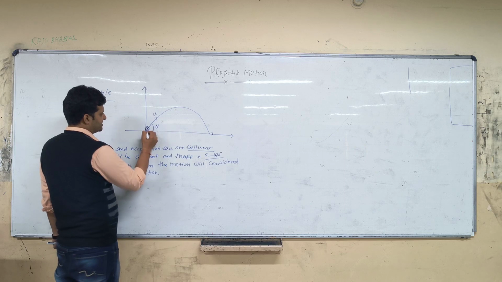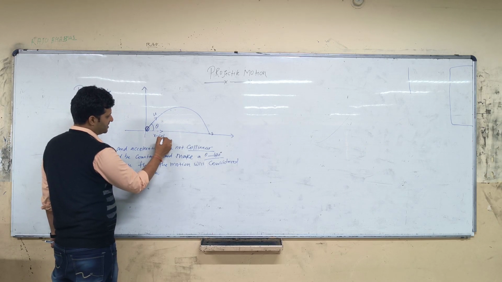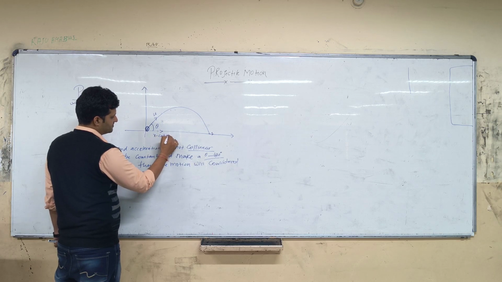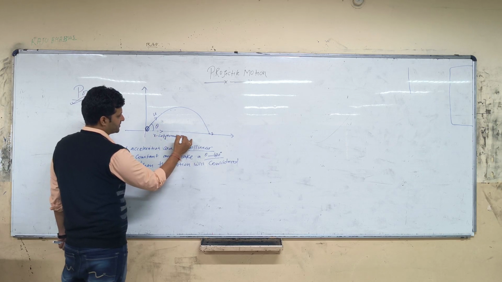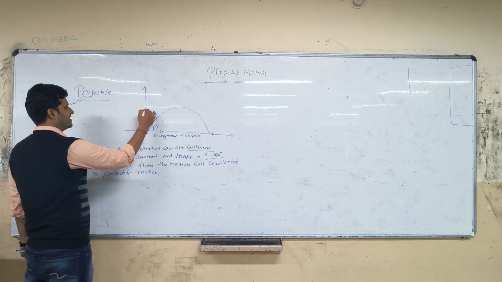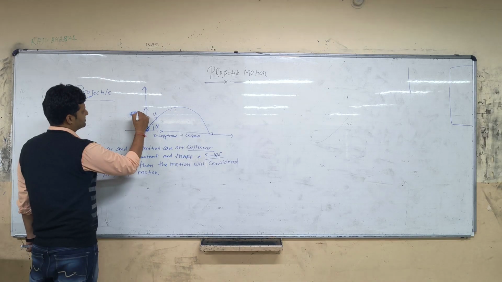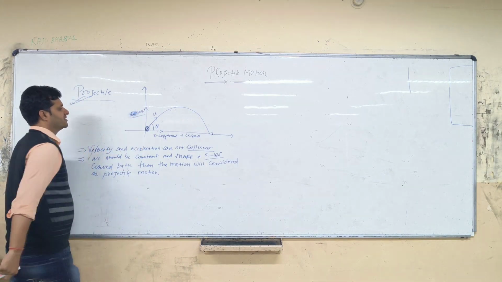Then you can break this velocity into vector form: the x component will become, as people already know, u cos theta, and its y component will become u sin theta. Okay.